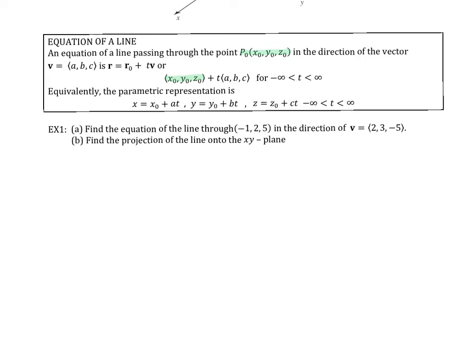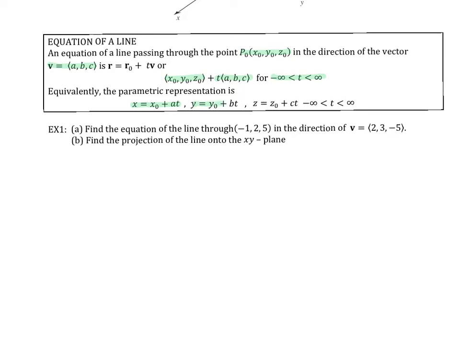And then we have our direction vector v, and that becomes t times our direction vector. And that's it. That's how you describe a line using vectors. But remember, this line goes on forever and ever and ever, so we're really looking at t values from negative infinity to positive infinity.